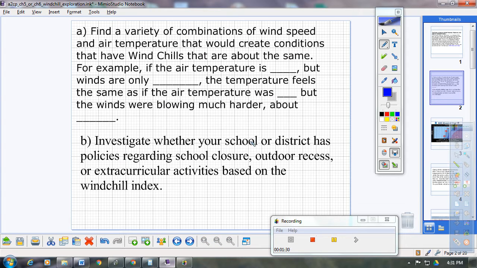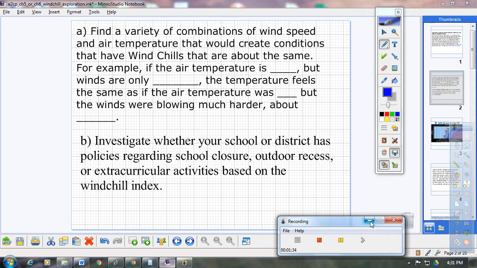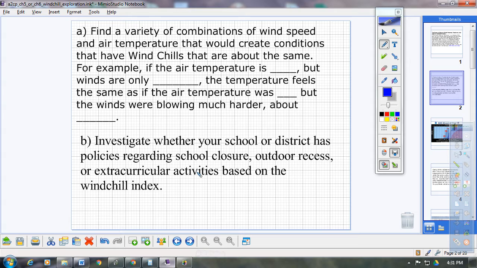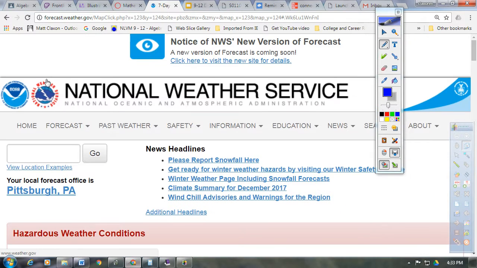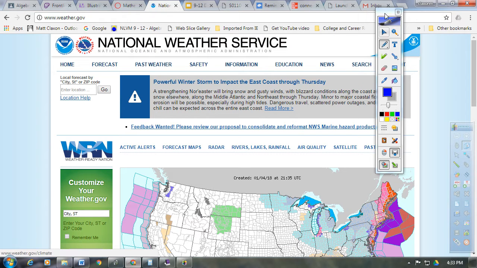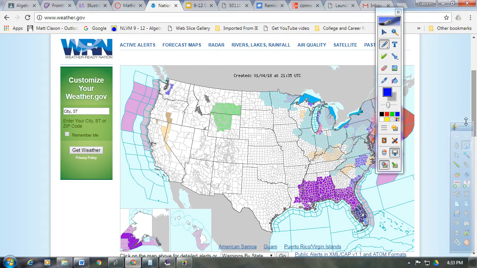As far as investigating whether your school or district has policies regarding school closure, I'm going to leave that up to you to look at what caused a 2-hour delay the other day. You can go to weather.gov and look at a 3-day history. On the website, you're going to see a big map of the United States.